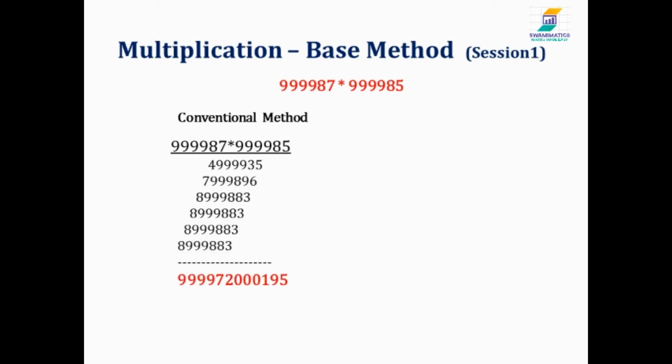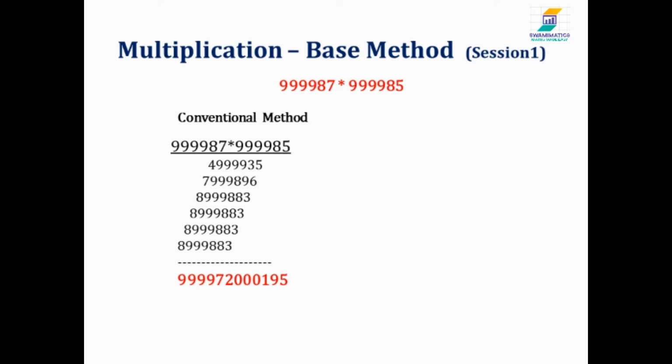Right? So in other words, if it is a 6-digit number and you have a 6-digit multiplier, we will be having 36 multiplications, and these are listed one below the other, moving by one digit after each multiplication.